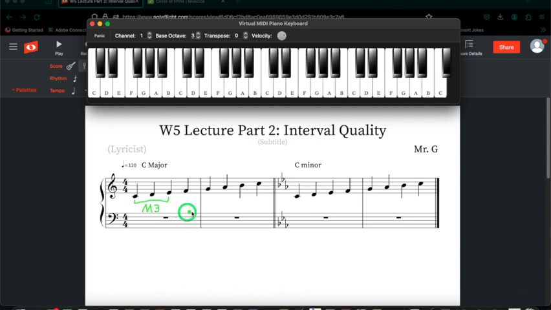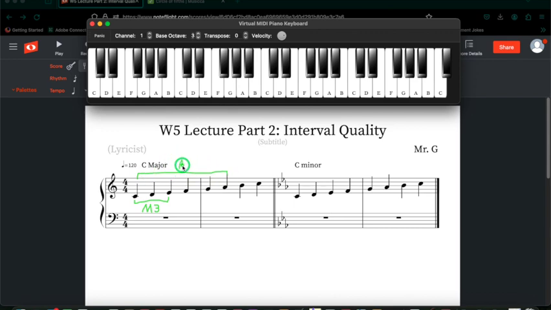Let's do this now with A. A, I believe, is 6 steps up in our staircase. So C, 1, 2, 3, 4, 5, 6. Yep. Because A is diatonic to C major, this distance is considered a major sixth. And I'll draw a bracket up here.